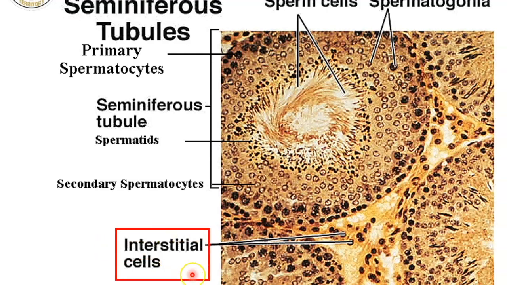The Leydig cells are also known as interstitial cells. They are located in between seminiferous tubules.